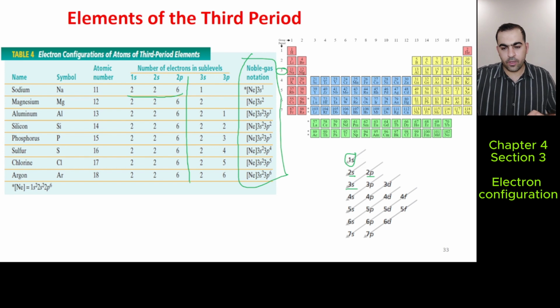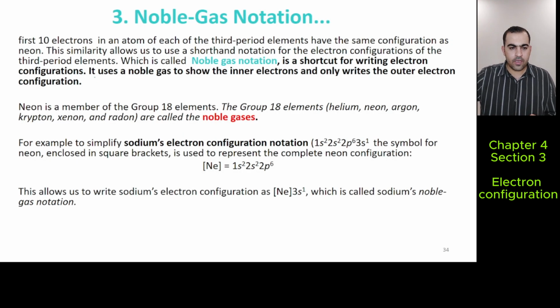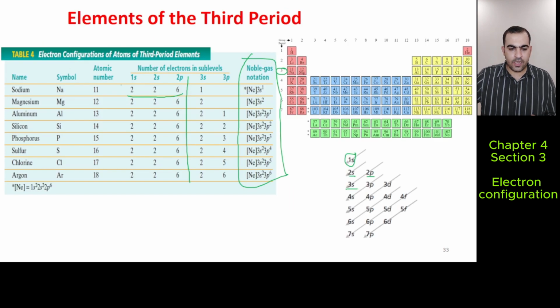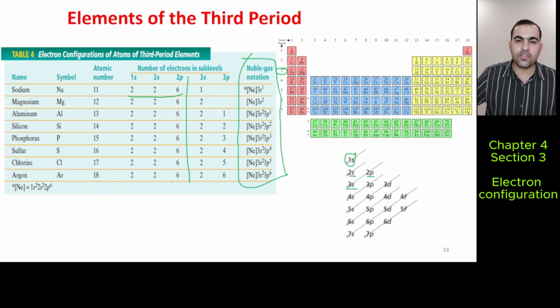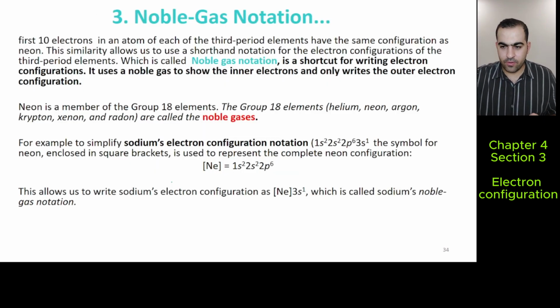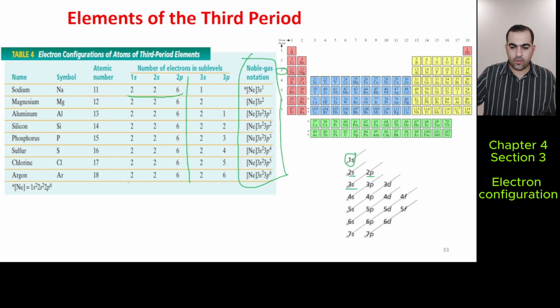The first 10 electrons of each atom of the third period have the same electron configuration as neon. Neon is 1s2, 2s2, 2p6. So instead of writing this, we can use the symbol of neon.